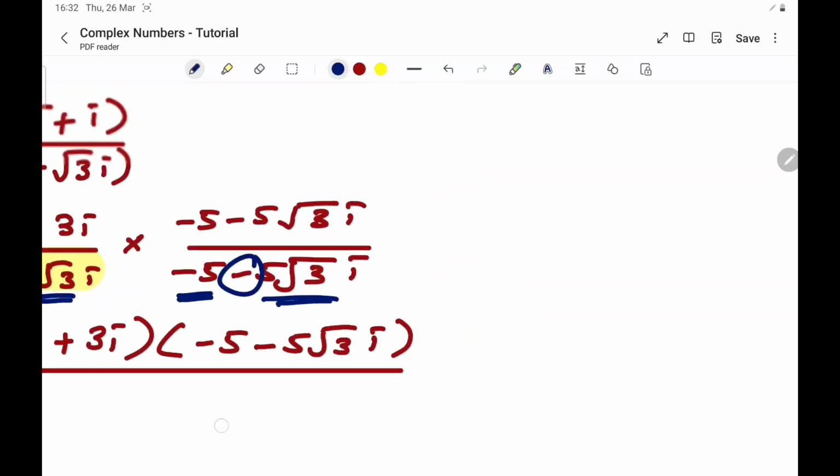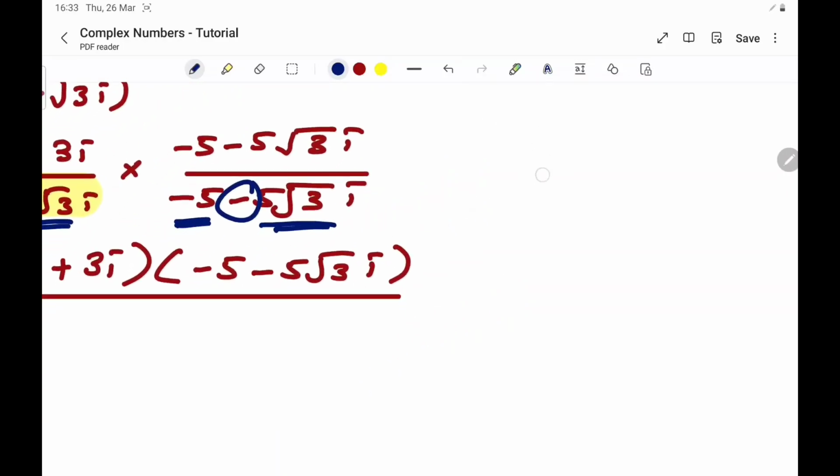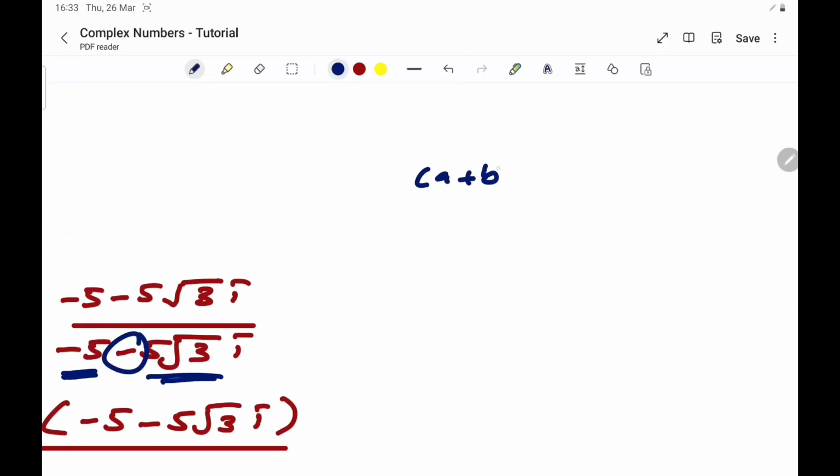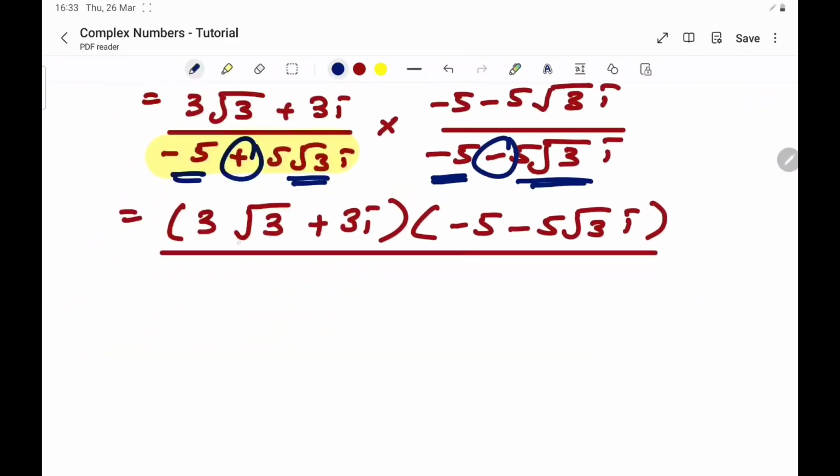Remember the formula: a plus b multiplied with a minus b equals a square minus b square. So here also the same, we have negative 5 square minus 5 square root 3 i square. Then we maintain first the one that is on top.